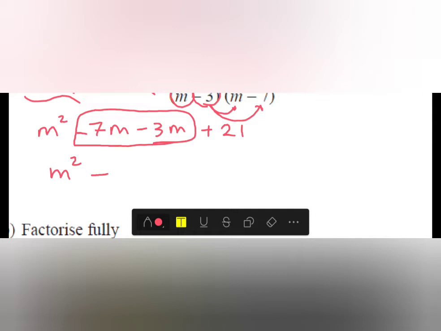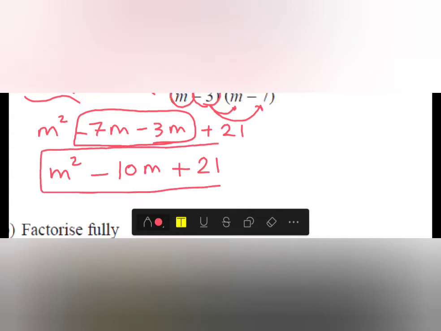So 7 plus 3 equals 10m. And then I put positive 21, the same as it is because I don't have a like term with it. So this is how you expand and simplify double brackets. And this is how you answer a question like this. Now let's move on to the next question.